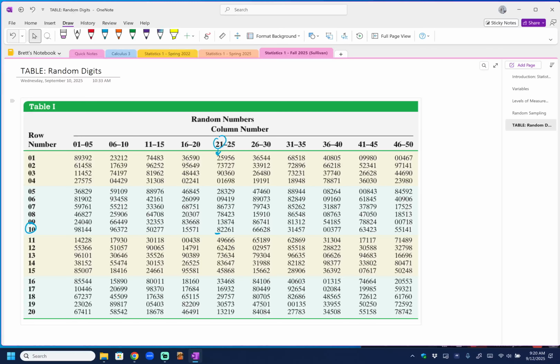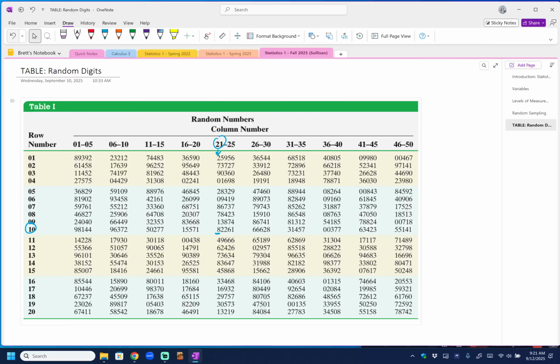Note that you always have to be given a place to start, especially on exams or on homeworks, because there has to be an answer key of some kind that can be consistent. If I just said pick random numbers, you could start anywhere in the table and everybody's going to get a different answer. That doesn't make a lot of sense for grading purposes. So you're always going to be given a row and a column number.